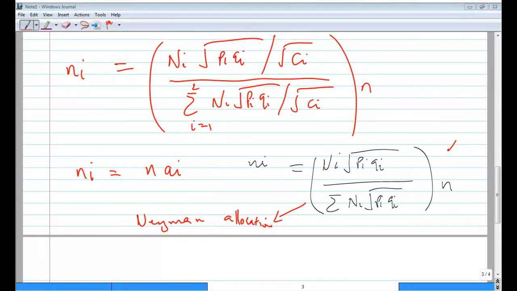Okay, now let's quickly go to the example so that you can apply this. Let's start with example 4.6 on the lecture notes, example 4.6, on page 29.